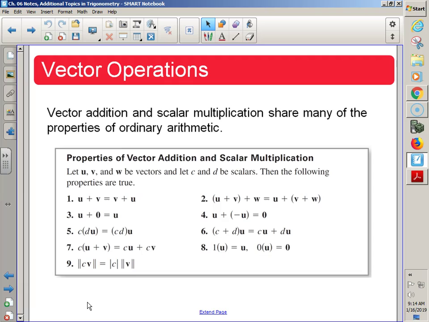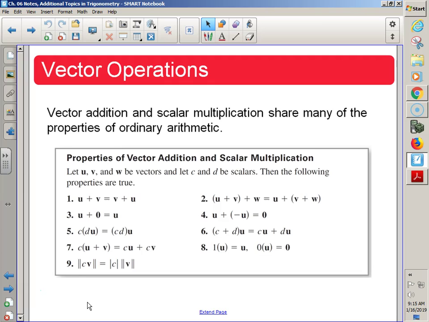But there are 0 vectors. U actually can be equal to 0. U and v can never be equal? I guess they could be, though, couldn't they? But you're right, u equals v is not a property on here. It's because it usually doesn't happen. Usually they're different sizes. So it's not really a property that u equals v.